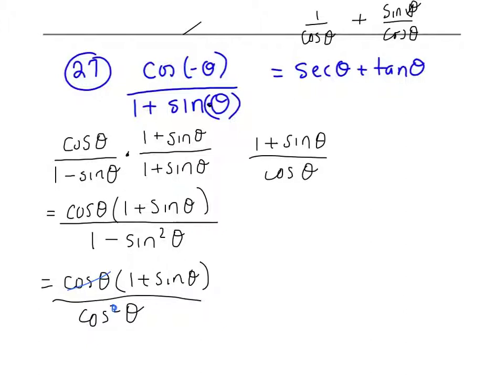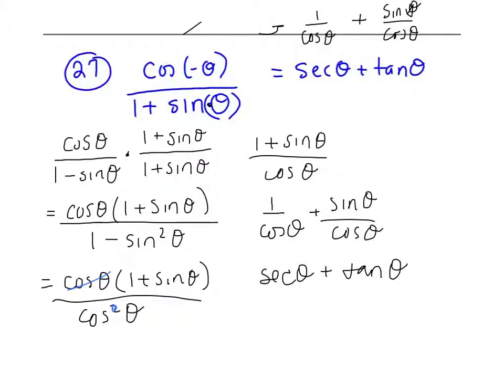If I write them as separate fractions, like I see up here, then I would have 1 over cosine theta plus sine theta over cosine theta, which is secant theta plus tangent theta. And I'm done.